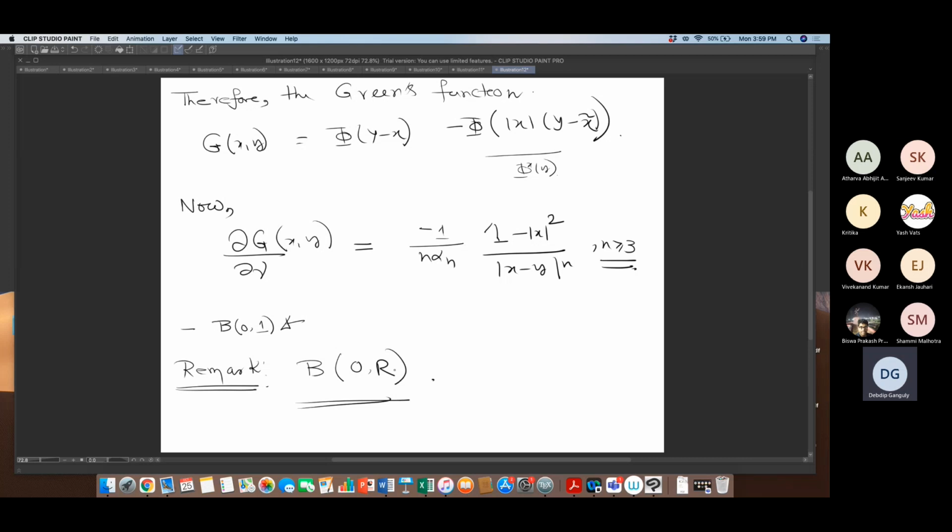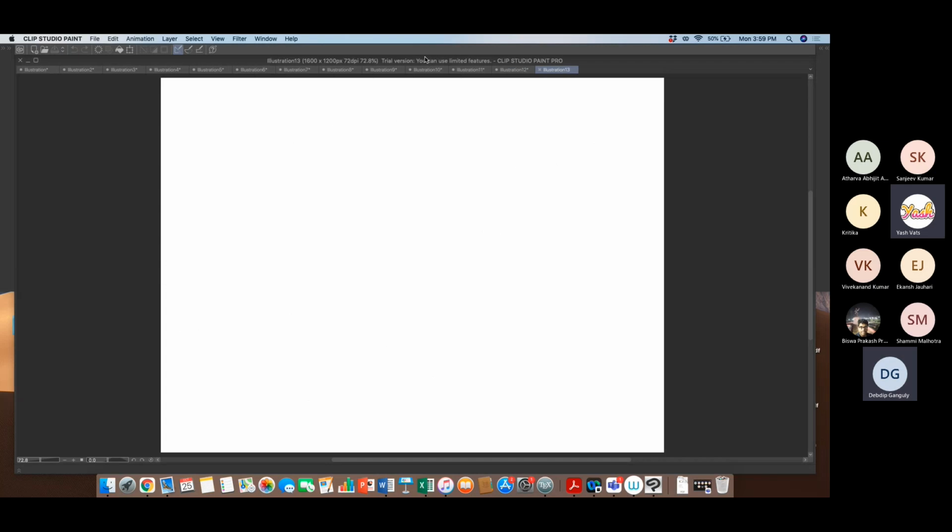What will I do? We can take mod x by r. That means we have to do the scaling, right?